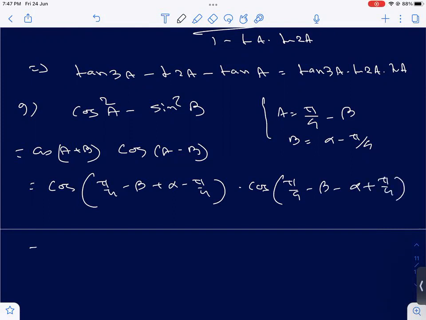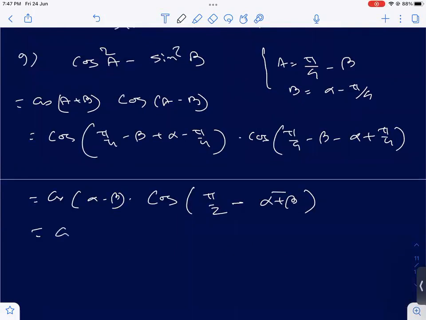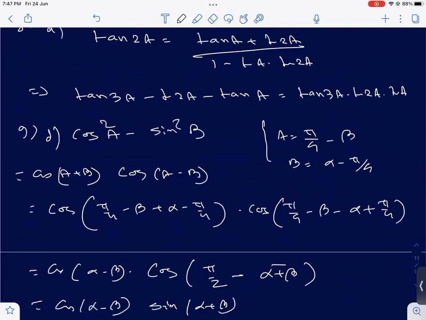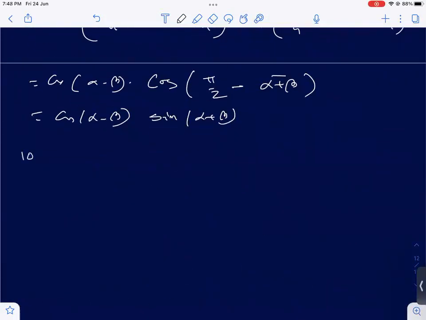If we calculate, we get cos(alpha − beta) into cos(90 − theta), that is pi by 2 minus (alpha + beta). So cos(90 − theta) is sin theta, and this comes to cos(alpha − beta) into sin(alpha + beta). So it is the last option.